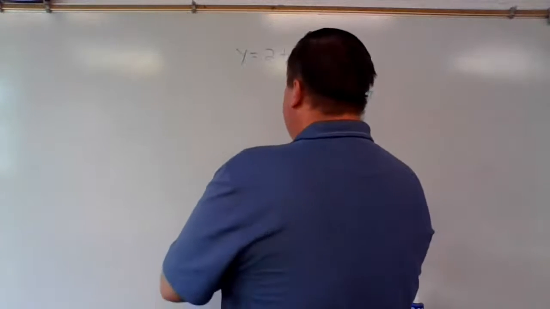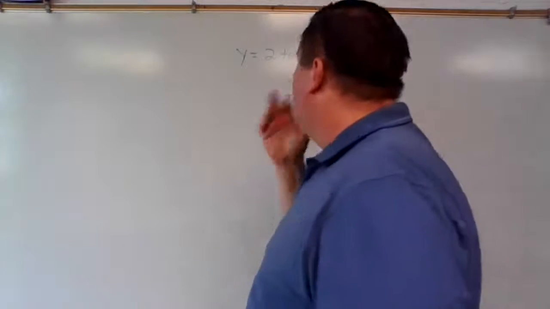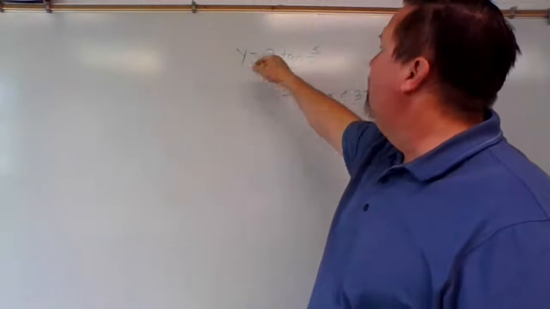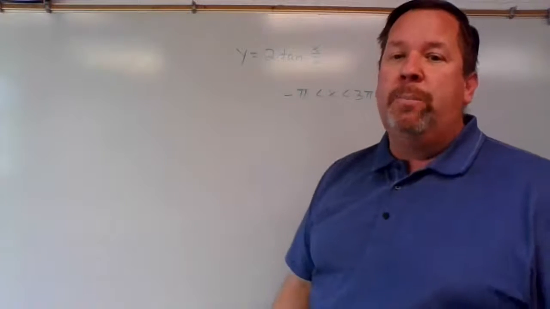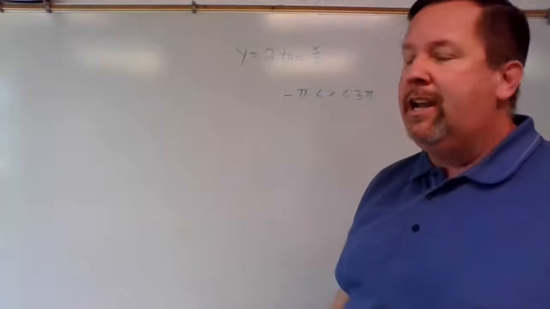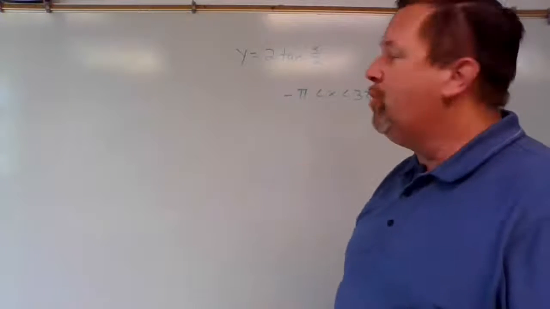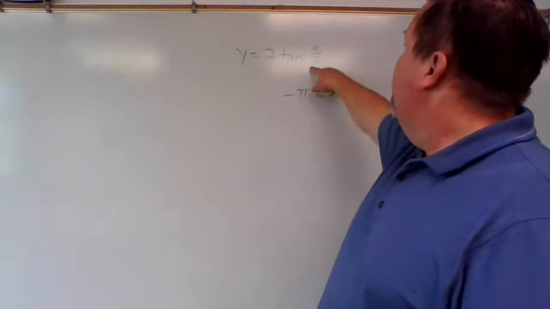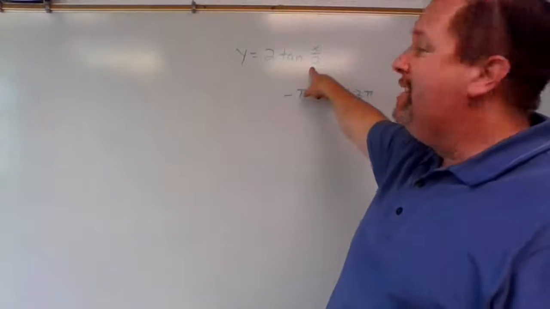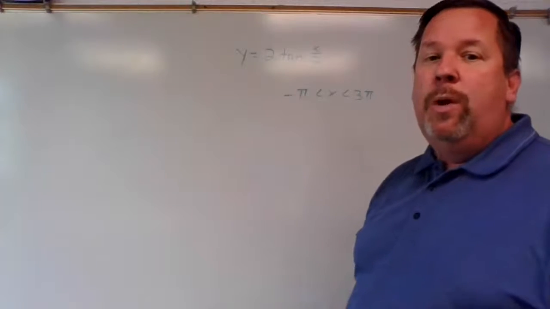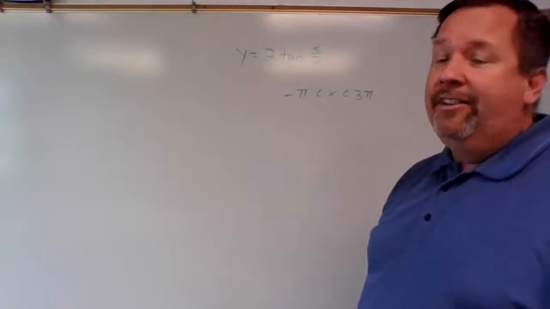less than 3 pi. So just point out real quick, this would be our A value, which is not going to be the amplitude. Tangent and cotangent graphs don't have an amplitude, but it will involve how it's stretched. My B value looks a little sneaky when it's written like this, but hopefully you can see my B value is 1/2, right?